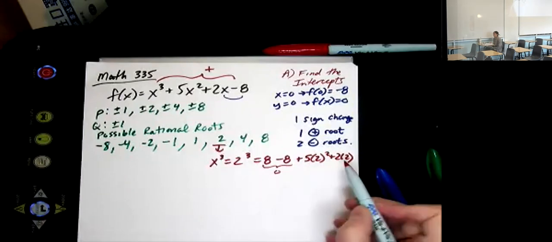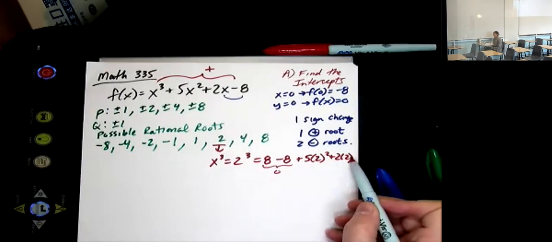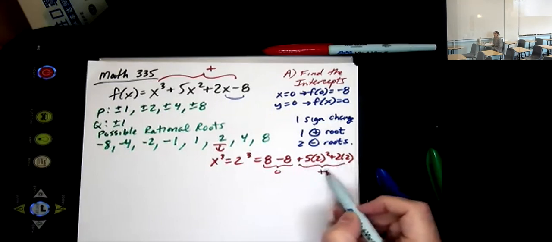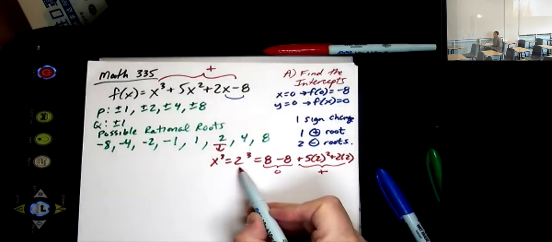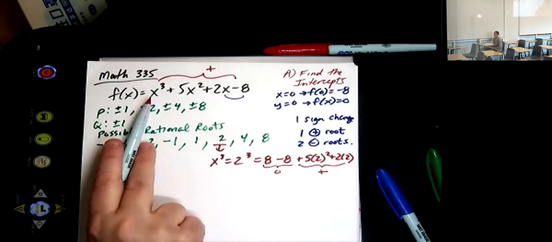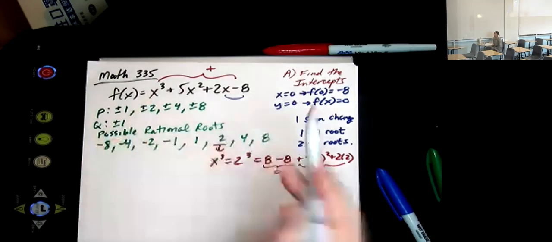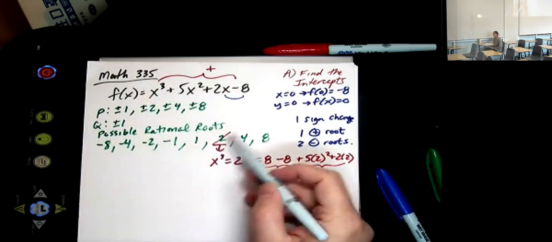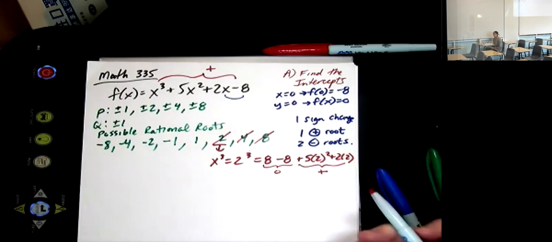These are positive, so without even calculating what that is, I know it's bigger than 0. This is positive, which means this doesn't equal 0. And if I plug in anything higher, 4 cubed or 8 cubed immediately takes us out of the picture. So 2, 4, and 8 go right away.